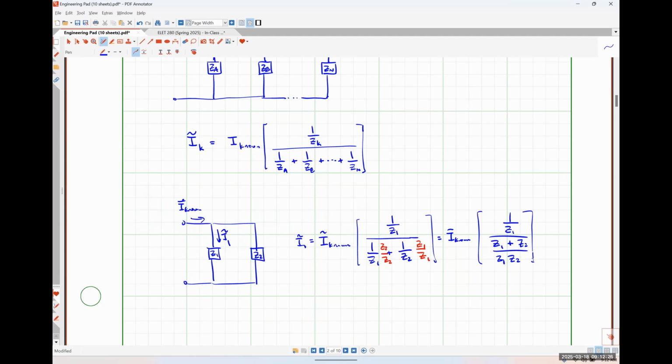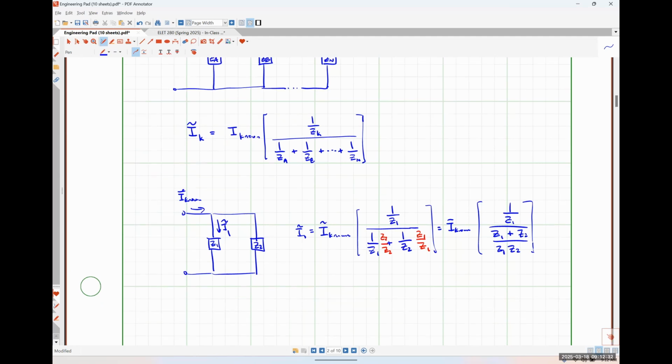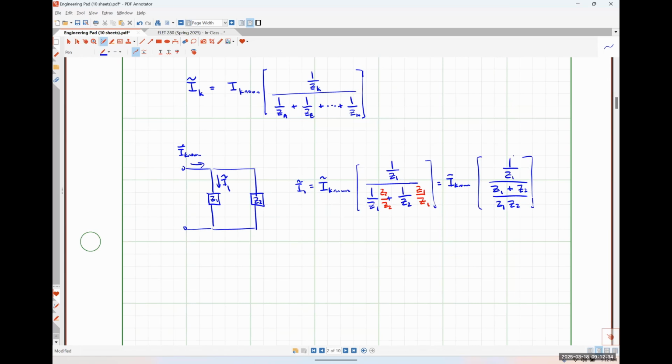How do I divide two fractions? Multiply by the reciprocal. Absolutely right. So instead of having 1 over Z1 divided by Z1 plus Z2 over Z1 times Z2, this is going to come out to be I known multiplied by 1 over Z1 multiplied by Z1 times Z2 over Z1 plus Z2.